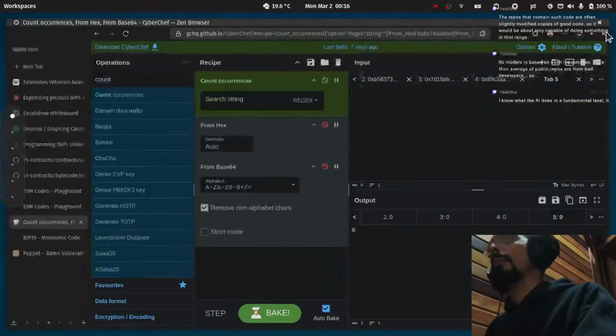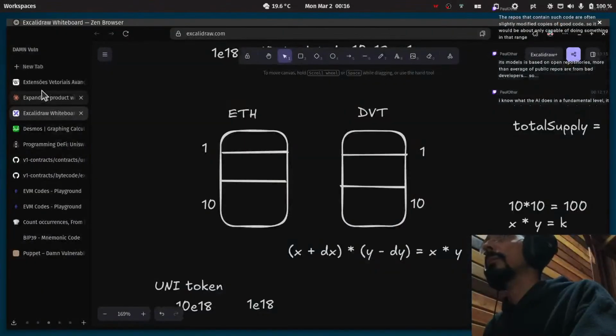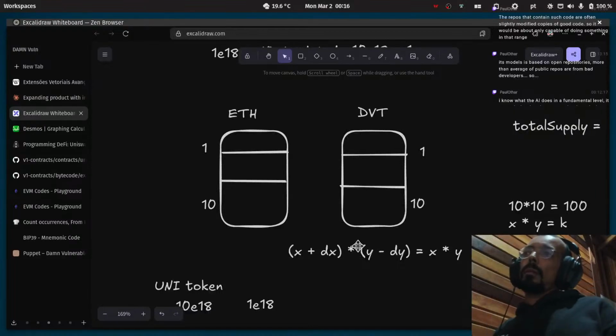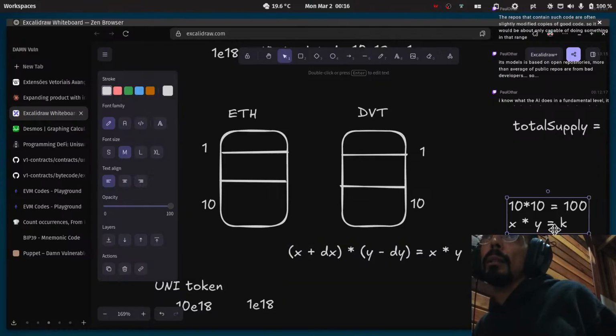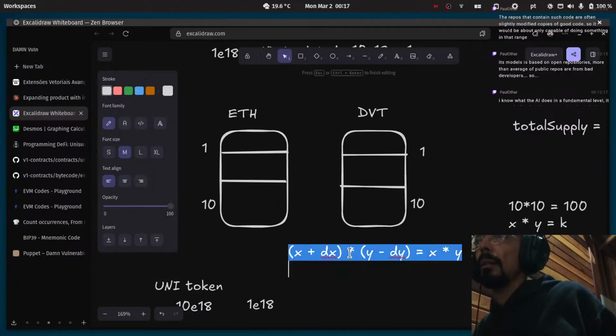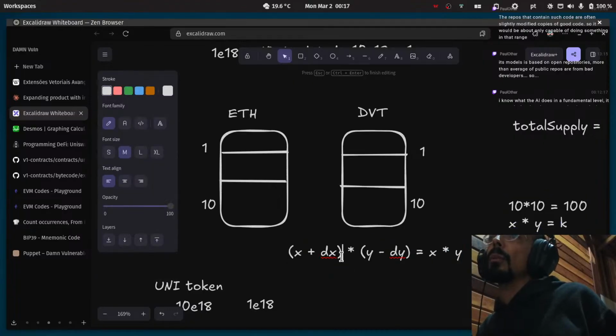So to recap, what happened was the formula here that says it's constant, the real formula is not this, it's this. And even this formula is gonna keep constant, right?